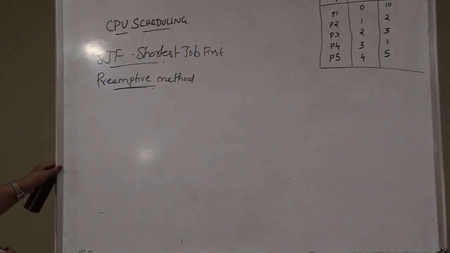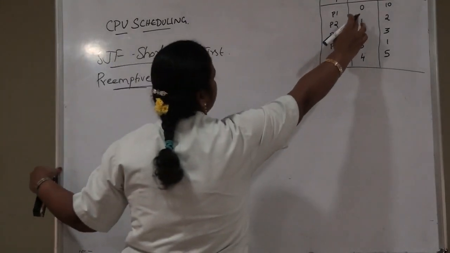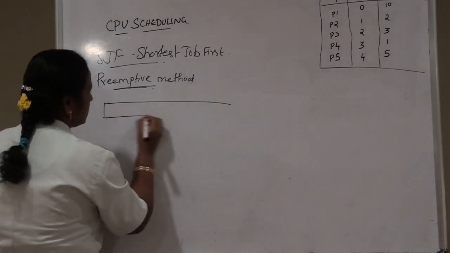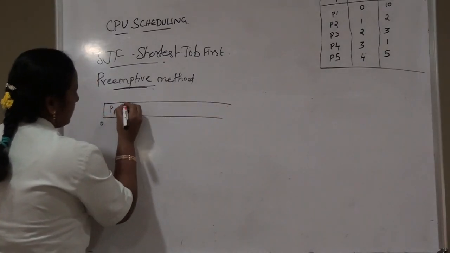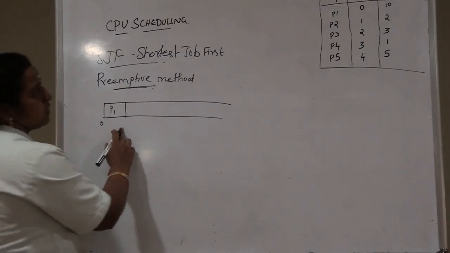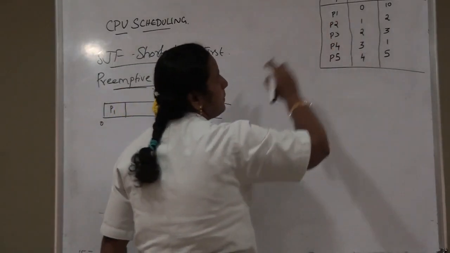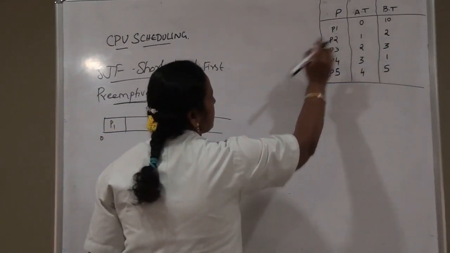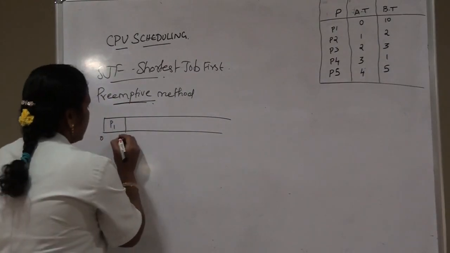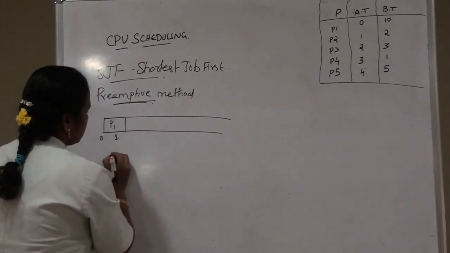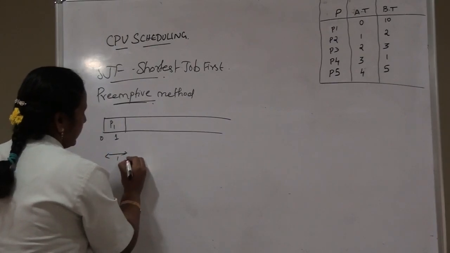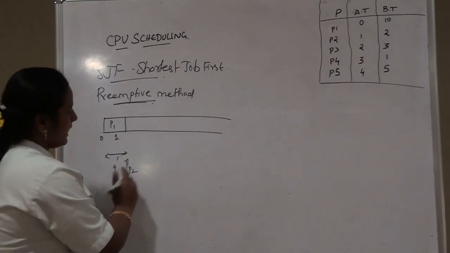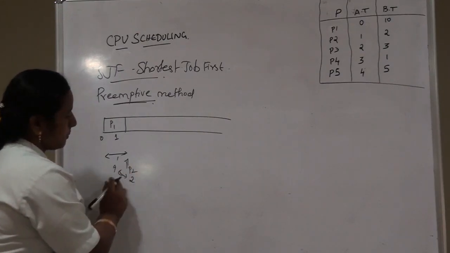Next, by considering the preemptive method, here the arrival time you have to consider. If you see in the chart, first P1 enters for execution because at 0 milliseconds only P1 arrives. Next, at 1 millisecond, P2 arrives. Its burst time will be 2, while P1's remaining burst time is 9.